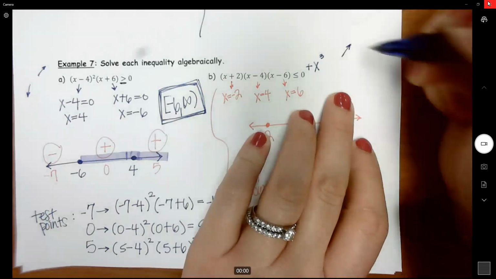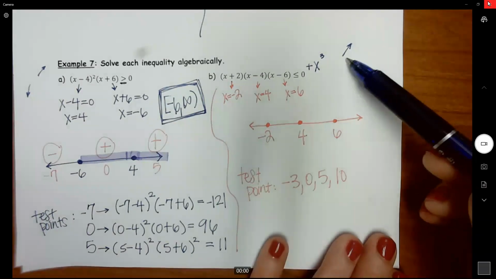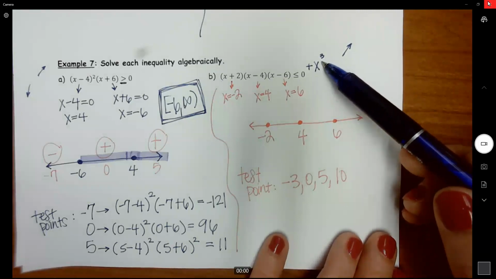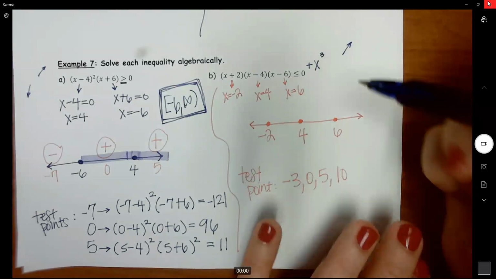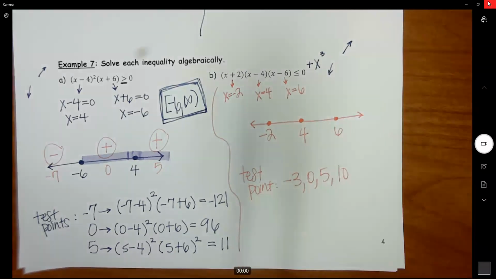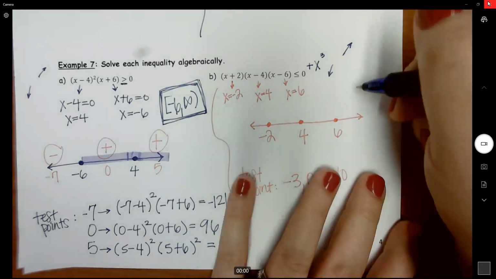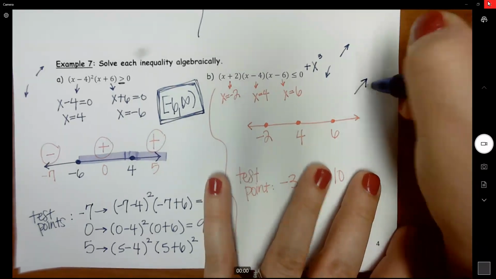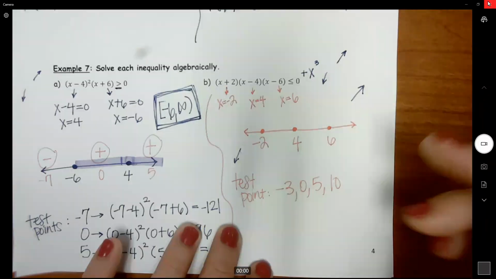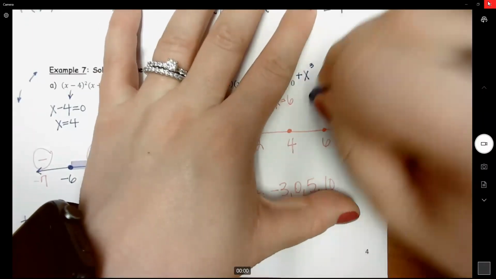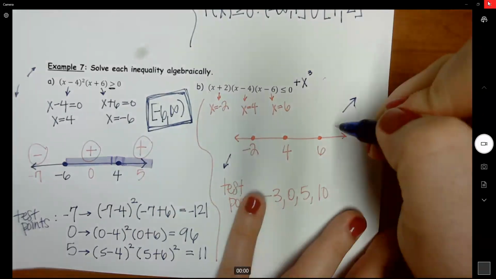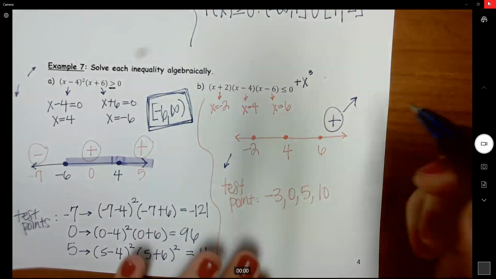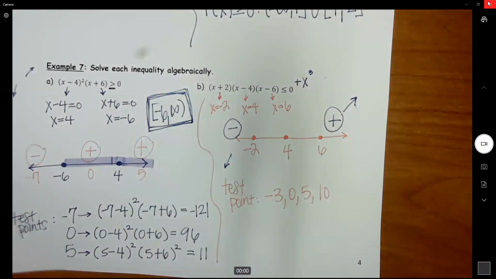I know it's going to end up, and because the degree is odd, they're going to end in opposite directions. So I know it's going to end up and start down. So I know that this portion is positive, and I know that this portion over here is negative.